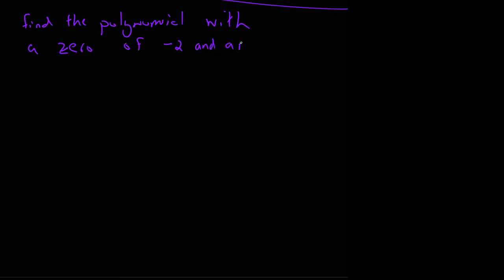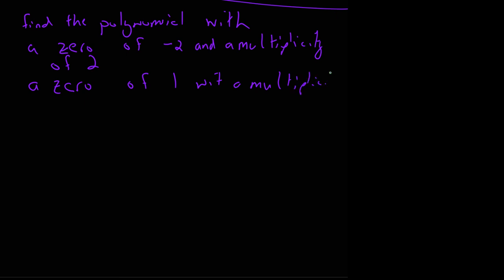So we want to find the polynomial with a 0 of -2 and a multiplicity of 2, and a 0 of 1 with a multiplicity of 1.